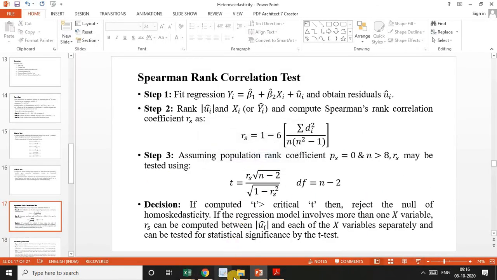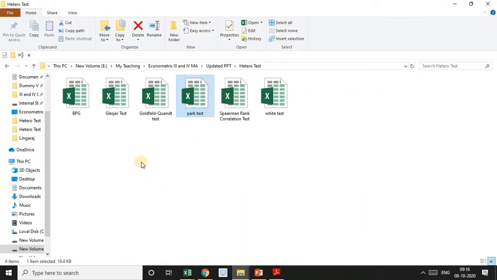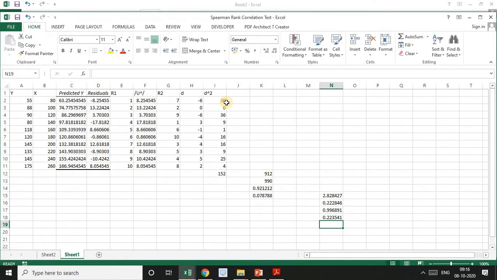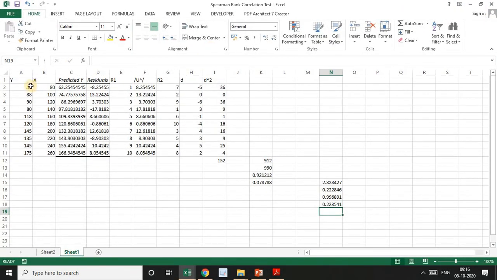Okay, for that, let us take a Spearman rank correlation test. For testing this, I am taking a very simple example, because taking a long example would be very difficult for ranking purposes.